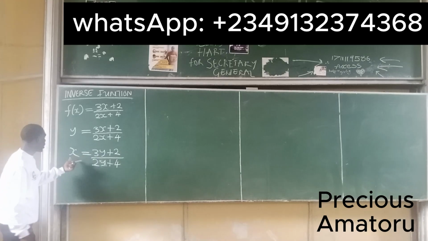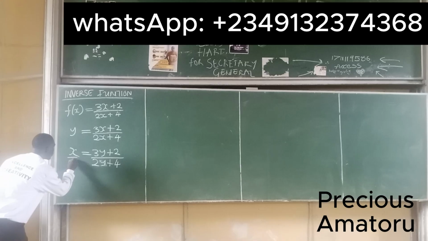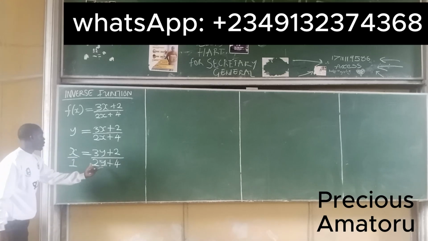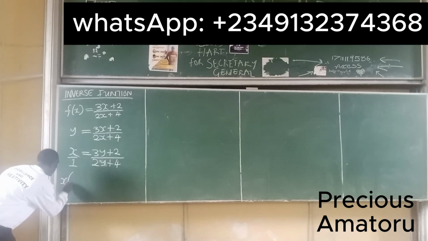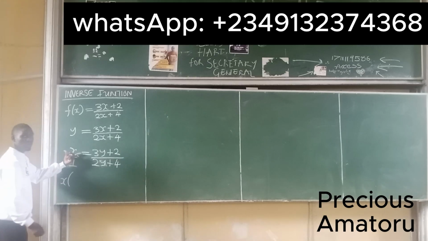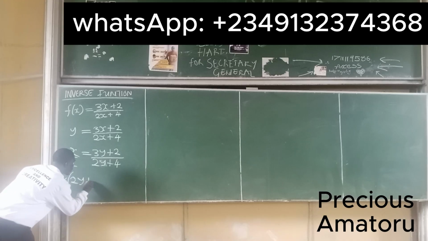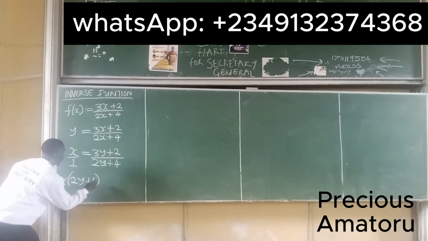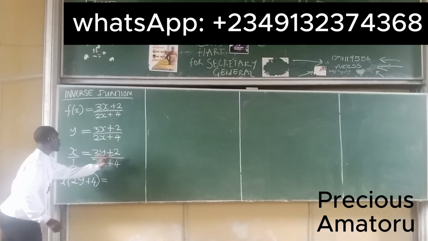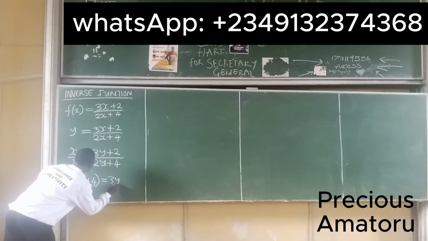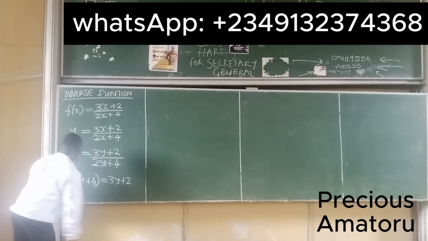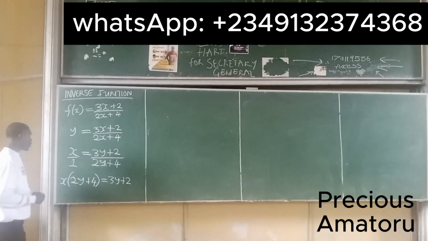We can do some cross multiplication. We multiply this by this. So we have x multiplied by this. So we have 2y plus 4 equal to this. So we have 3y plus 2. So this is equal to this.